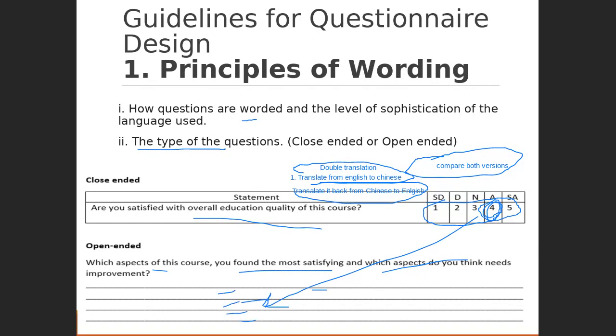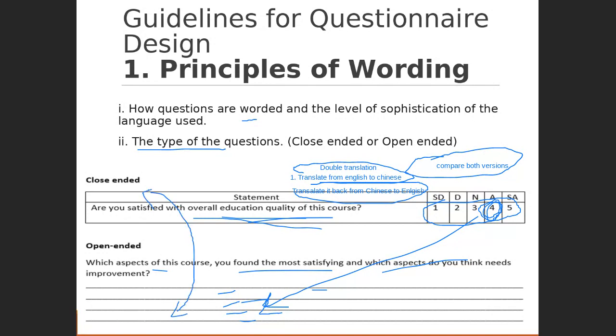So you will get deeper insights into the answers. You will be able to better integrate your open-ended and close-ended questions, and interpret the overall quality in a better way when you compare the close-ended responses with the open-ended responses.